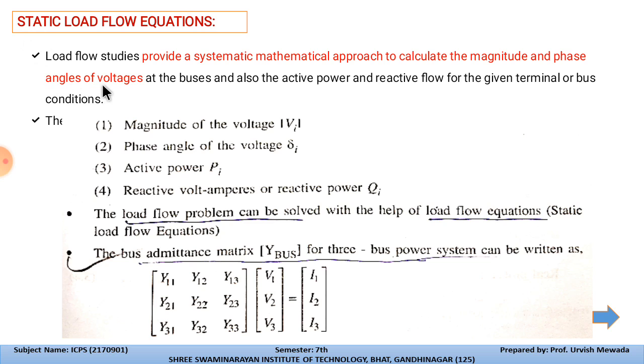Generally load flow studies provide a systematic mathematical approach to calculate the magnitude and phase angle of the voltage. This is the most important factor of load flow study, the magnitude and the phase angle of the voltage. From that we can calculate the active power, reactive power, apparent power, and all the losses related to the power system, and at the buses, and also the active power and reactive power for the given terminal or bus conditions.